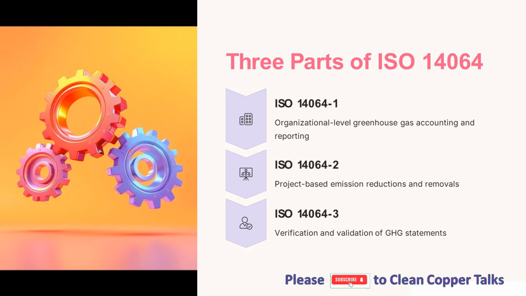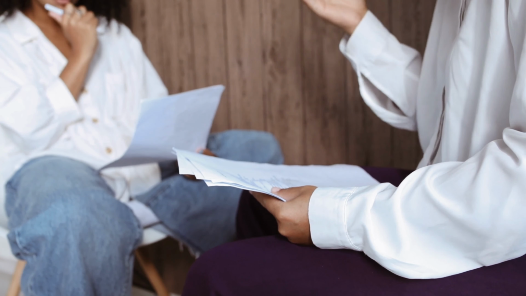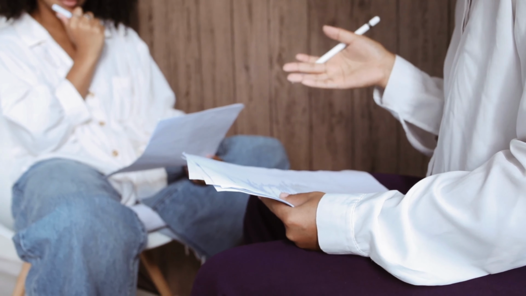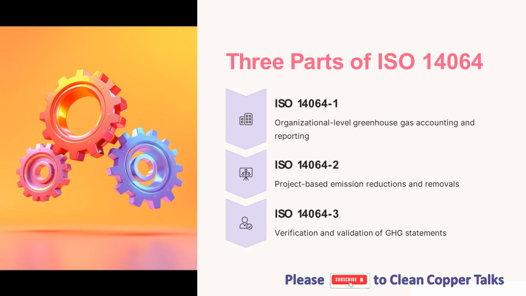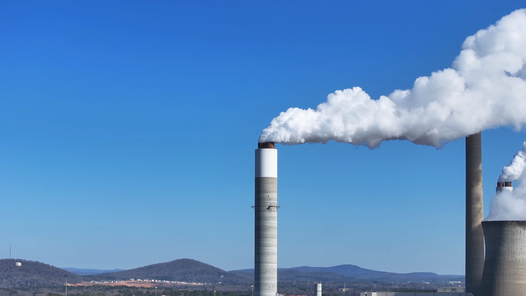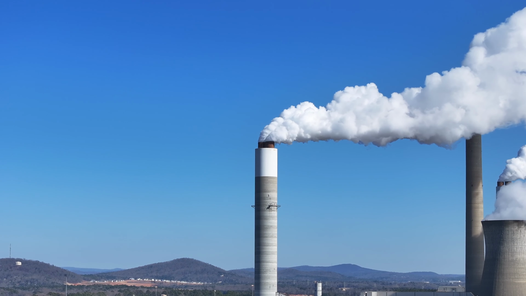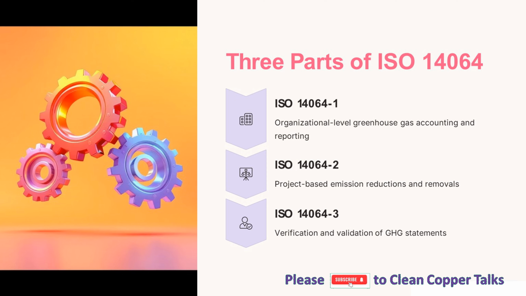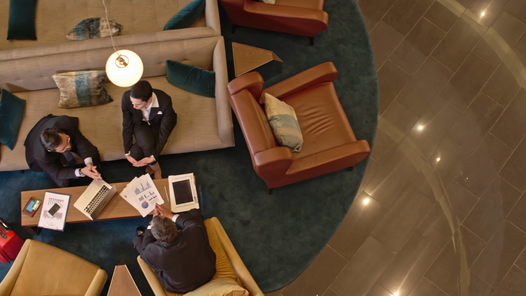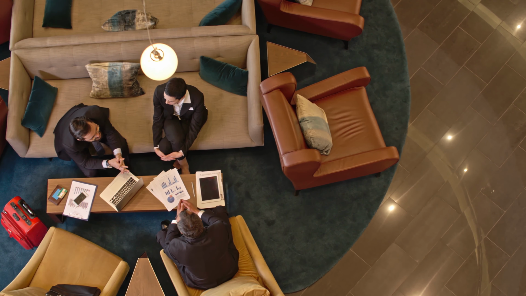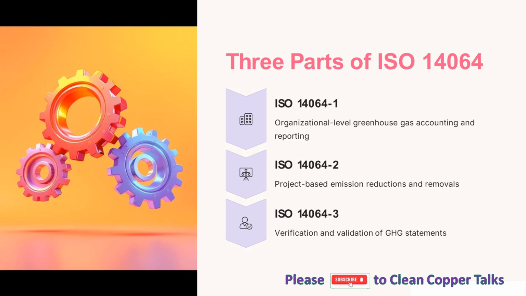Each part focuses on different aspects of greenhouse gas management. The three parts are ISO 14064-1, which is guidelines for organizational level greenhouse gas emission accounting and reporting; ISO 14064-2, which is guidelines for project-based greenhouse gas emission reductions or removals; and ISO 14064-3, guidelines for verification and validation of greenhouse gas statements.